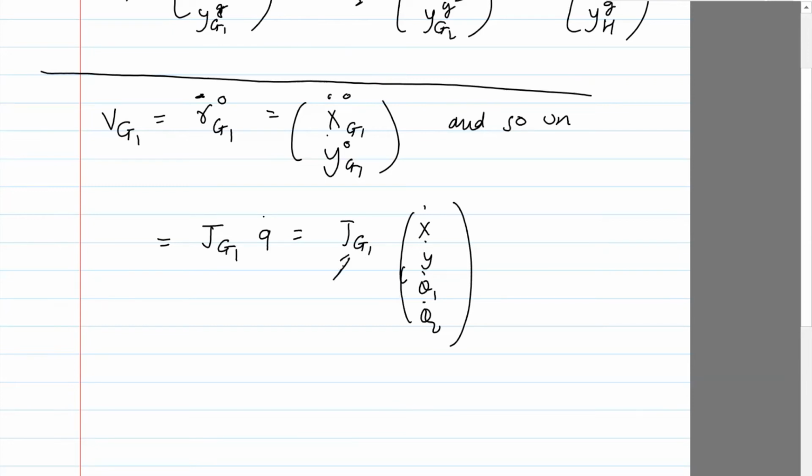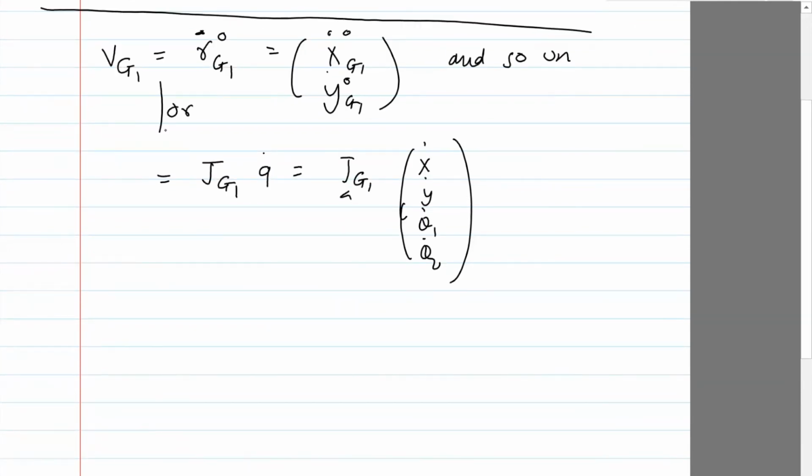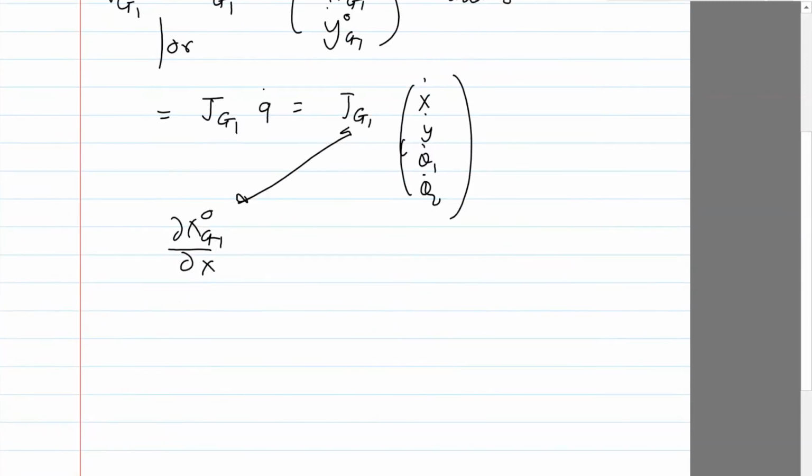And J_G is going to be d x_G1 with respect to dx, and then d y_G1 with respect to dx, sorry, it should be 2 by 4.